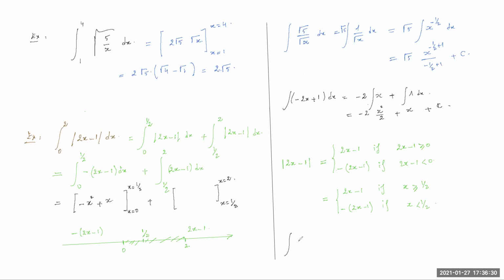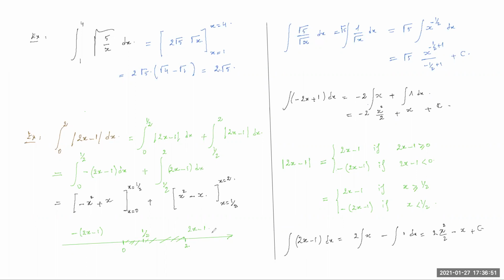Now, the antiderivative of 2x minus 1 dx. Similarly, I will have 2 times an antiderivative of x minus an antiderivative of 1. So it will be 2x squared over 2 minus x plus a constant. So I put here x squared minus x.